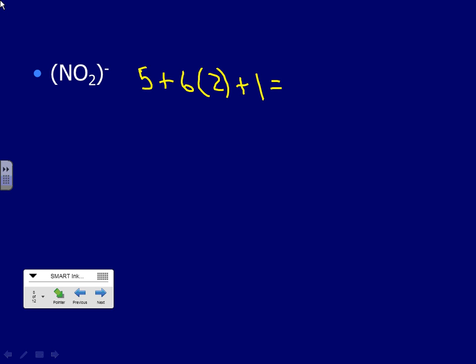And why do you think odd numbers of electrons are not a good thing for chemicals? Any ideas on why an odd number of electrons isn't a good thing? Yeah. It becomes very unstable. Why do you think? What are we going to end up with if we continue to draw the picture and have an odd number of electrons?